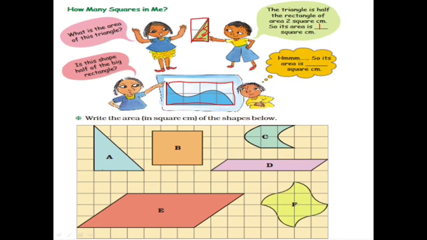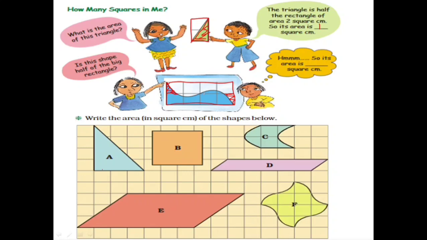So beta, if we observe this shape, which I am again marking with my red marker, just observe, children, this particular shape can exactly fit in this vacant part here, isn't it?